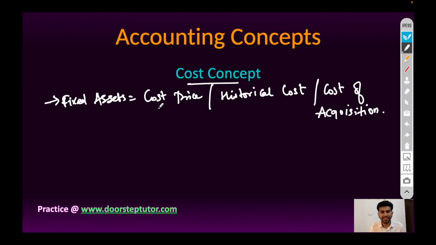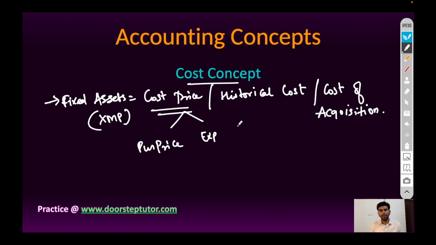So fixed assets are recorded at their cost price and not market price. This cost price includes purchase price, other expenses which are paid for installation, and all the charges that are paid before using that fixed asset for the first time will be added to its cost price.